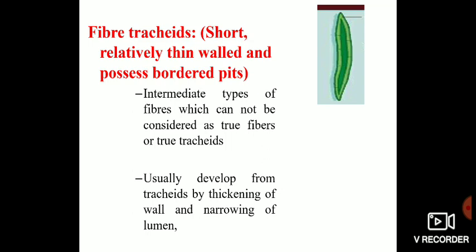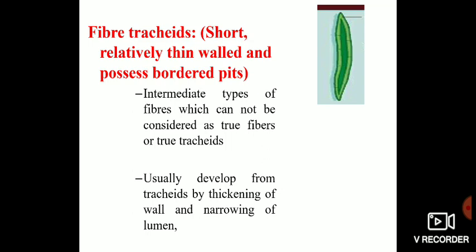Because of the presence of these bordered pits, they are considered as intermediate between fibers and tracheids. Okay, they are not true tracheids or true fibers because they show the characters which are present in both fibers and tracheids.